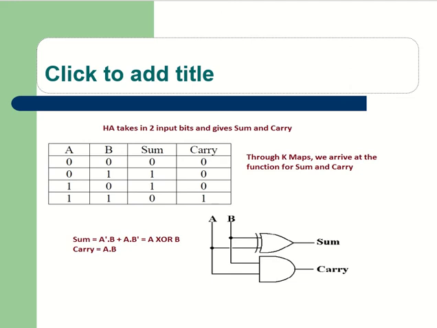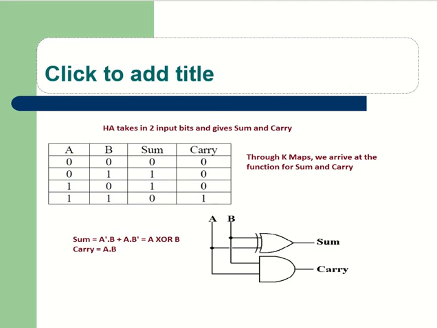So this is the half adder. Here we have taken two inputs, A and B. A and B represent the inputs, whereas the next two columns, sum and carry, correspond to the outputs. Let us see one by one.